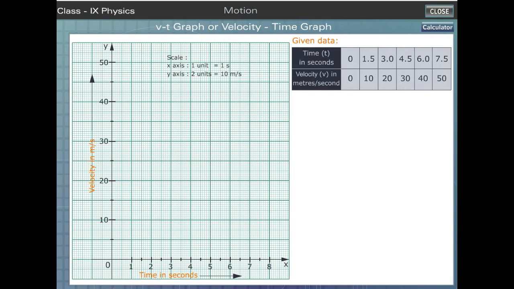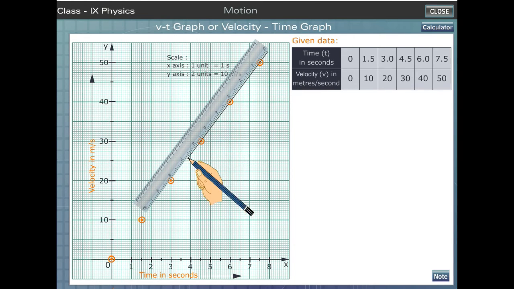Plot the points with crosses or with dots and encircle each of the points with a small circle. Join the plotted points to get a best fit graph.